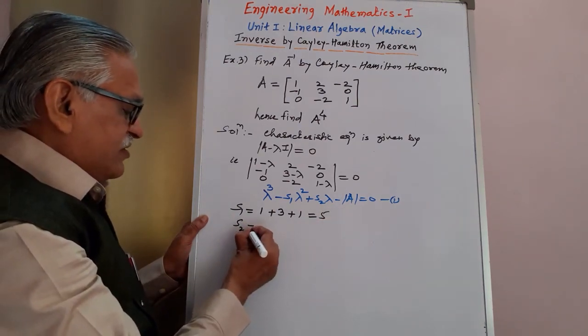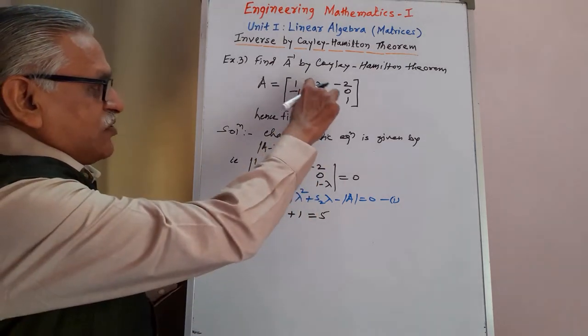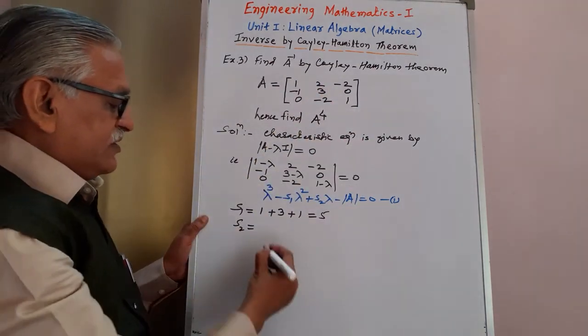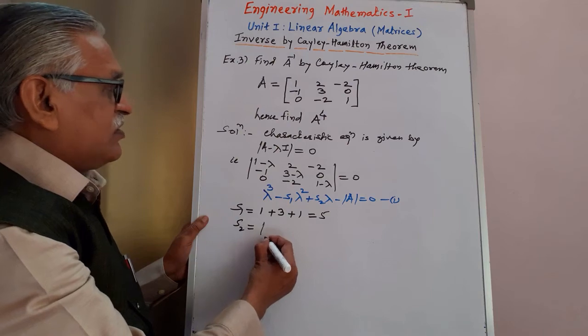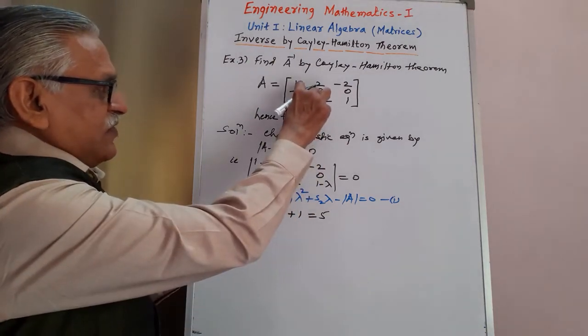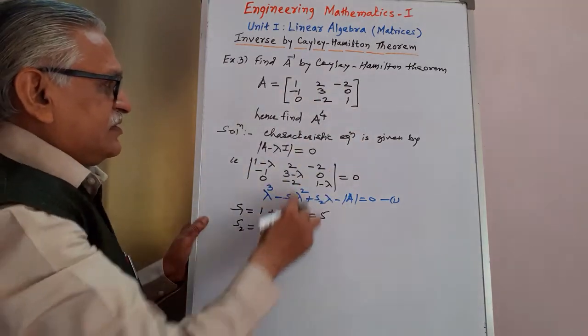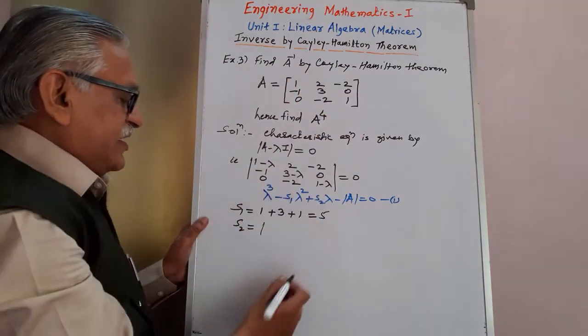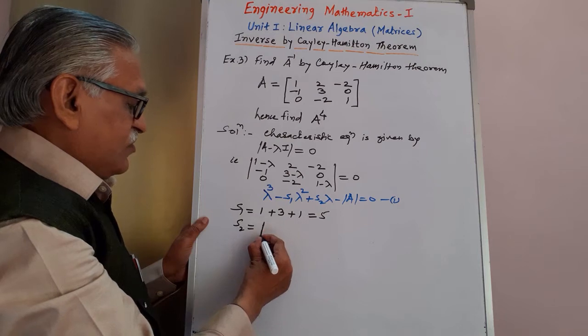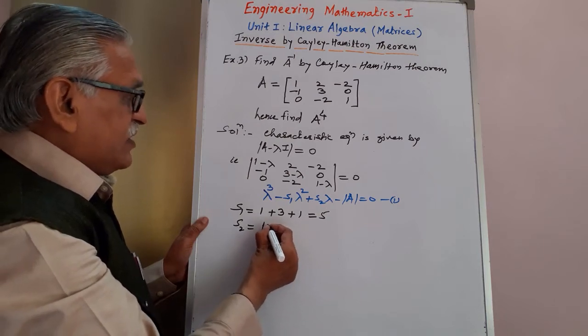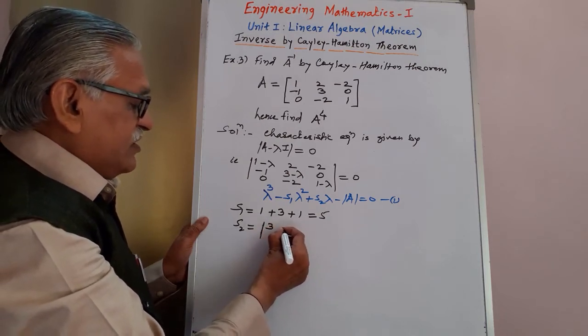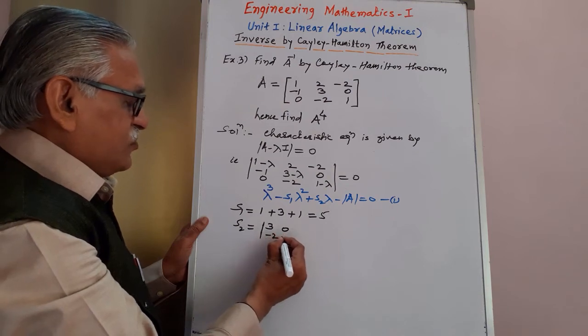Then s2 is the sum of the minors for the principal diagonal elements. First of all I will perform for the first diagonal element, neglecting the row and the column containing it. Therefore determinant of the remaining 4 elements. Remaining 4 elements are 3, 0, minus 2, 1.